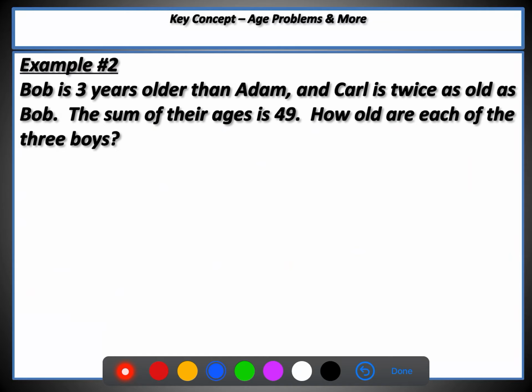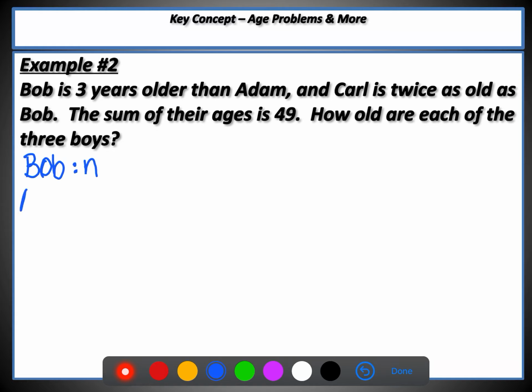Okay, let's try another one. So Bob is 3 years older than Adam, and Carl is twice as old as Bob. The sum of their ages is 49. How old are each of the 3 boys? So who is everybody being compared to? Bob. So we can make Bob our n.